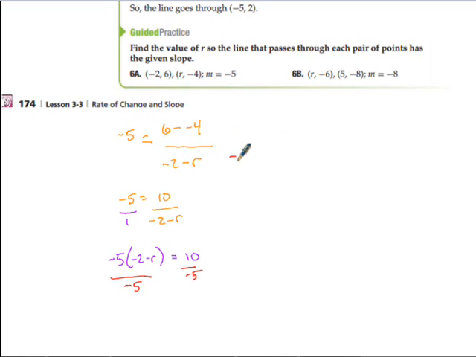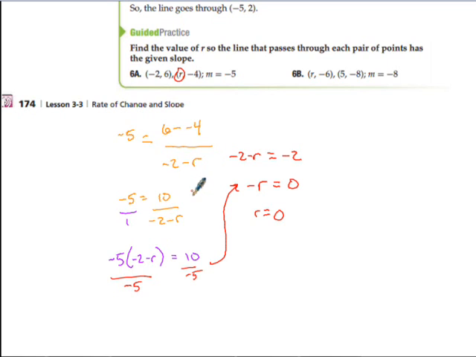And I'm going to get -2 minus r. -2 minus r equals -2. I'm going to add 2 to both sides, and I get -r equals 0, so r equals 0. So the missing r value there is 0.